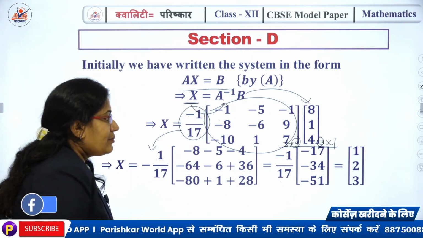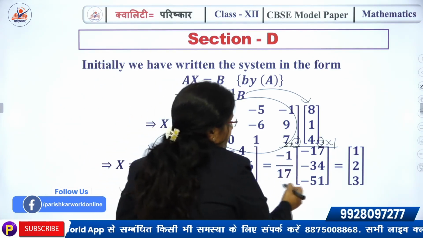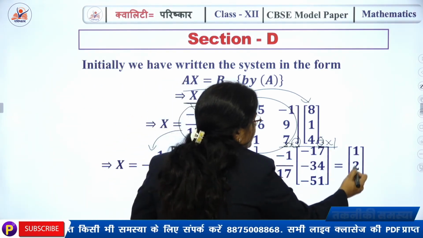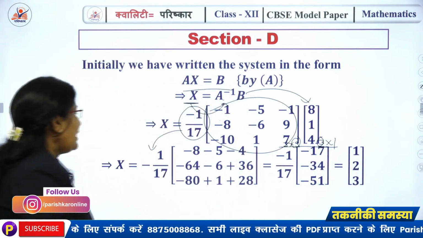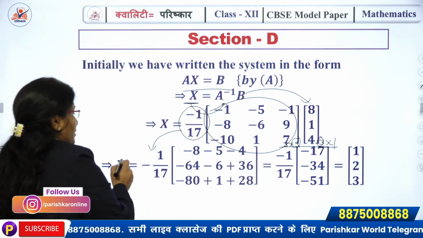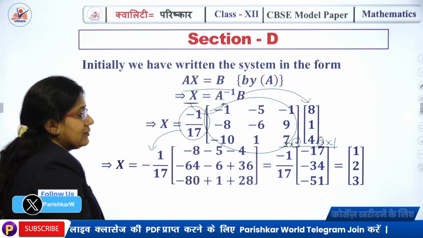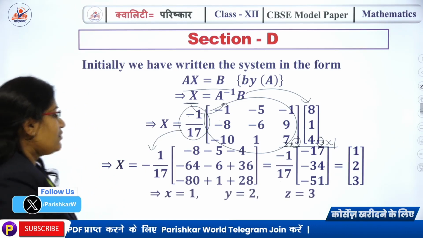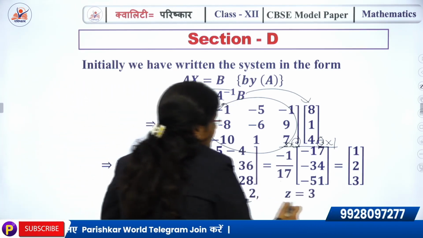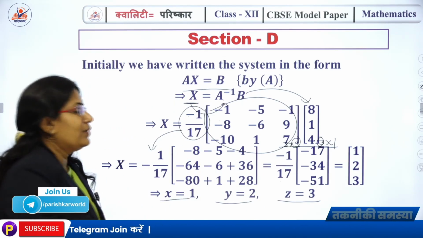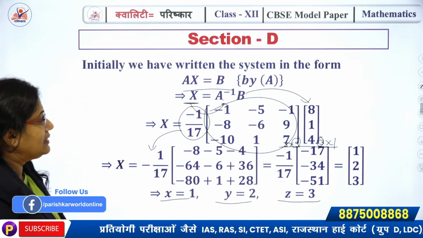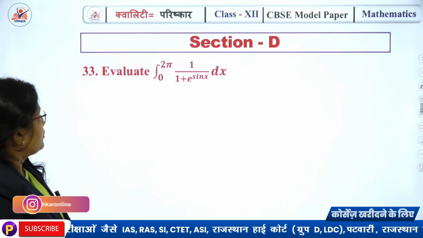After multiplying, we have 1, 2 and 3. That means the value of capital X is the column 1, 2 and 3. That means the values of small x, small y and small z are 1, 2 and 3. So this is the right solution for the given question.